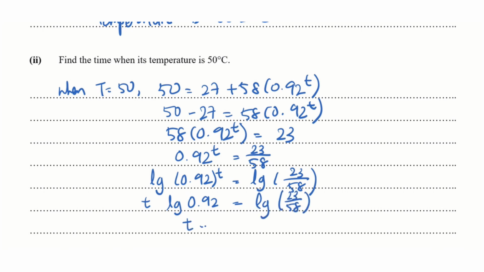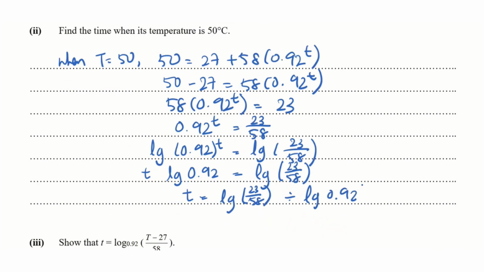Then t will be equal to log 23 over 58 divided by log 0.92. Keying this entire thing into the calculator, we will achieve 11.092, or 11.1 minutes to 3 SF.